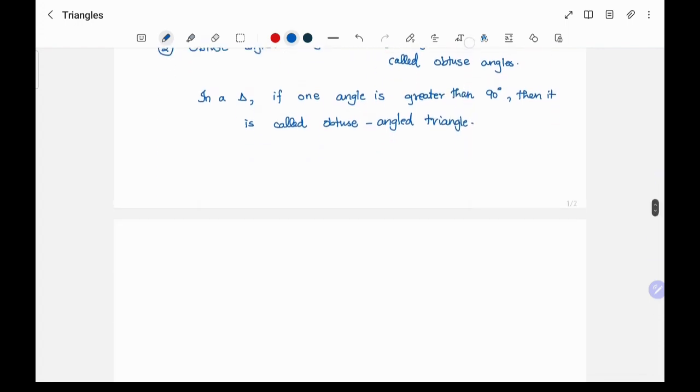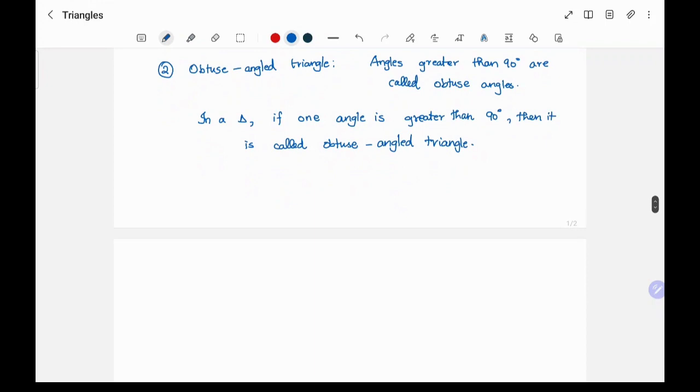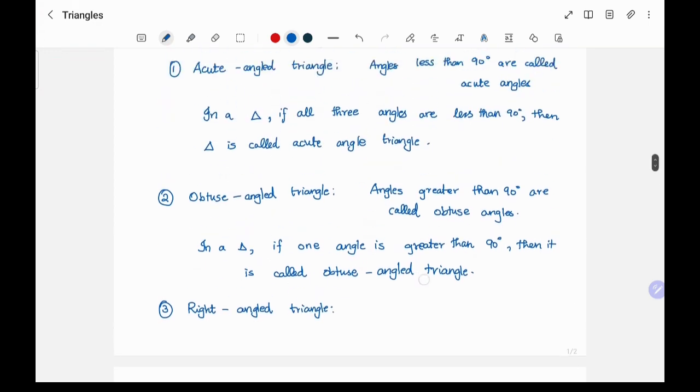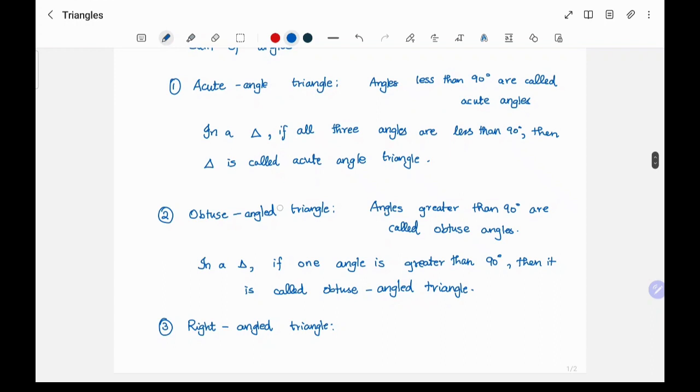Okay. So we saw angle being greater than 90 degrees and less than 90 degrees. So we'll see something which is equal to 90 degrees. It is called a right angle triangle.